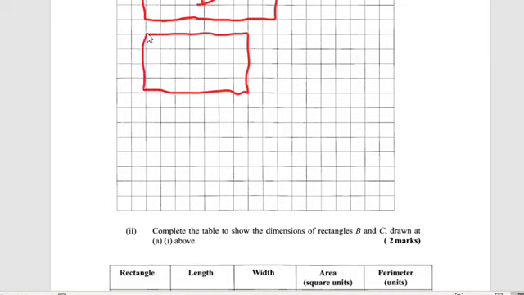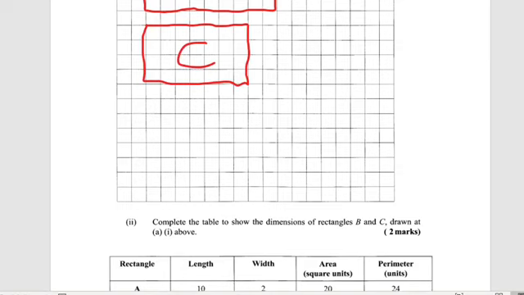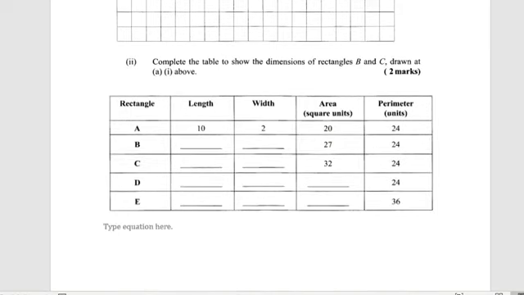And this is C. But now the good thing is the question that follows allows us, if you are having difficulty with just looking at it and figuring it out, to complete a table which will give us the length and the width of each rectangle. So part 2 says complete the table to show the dimensions of B and C drawn in A above. So therefore you could have even completed this before drawing the rectangles.